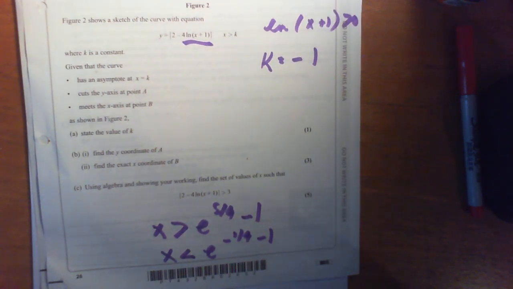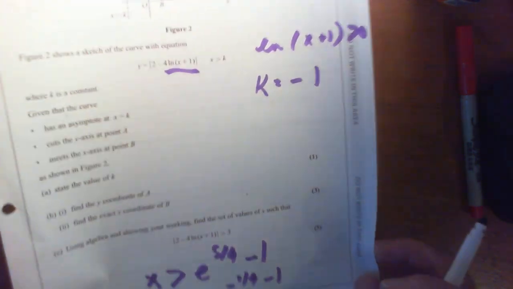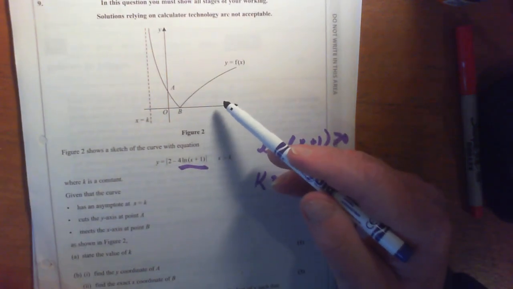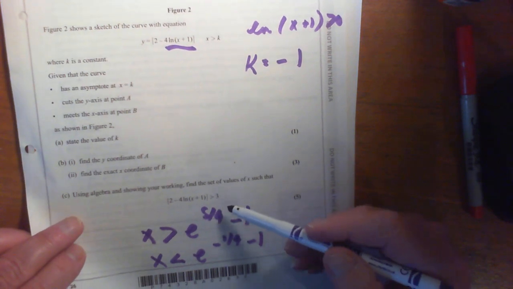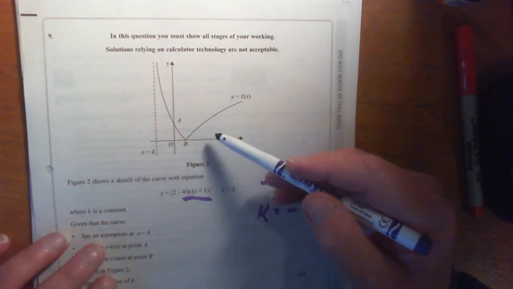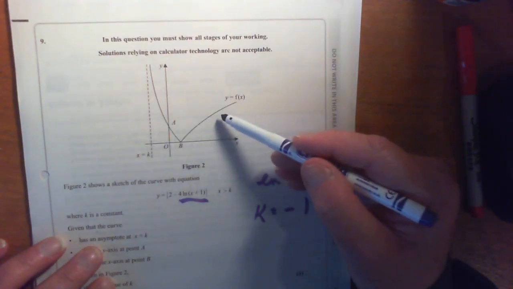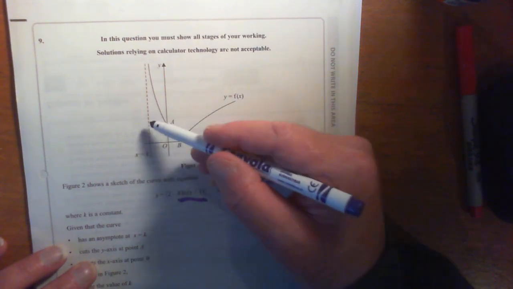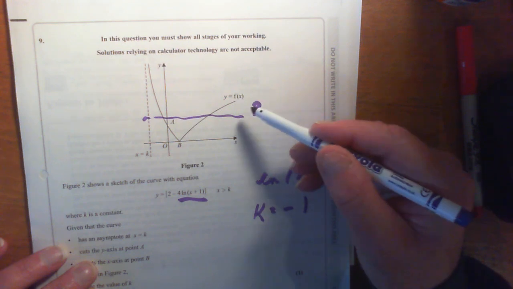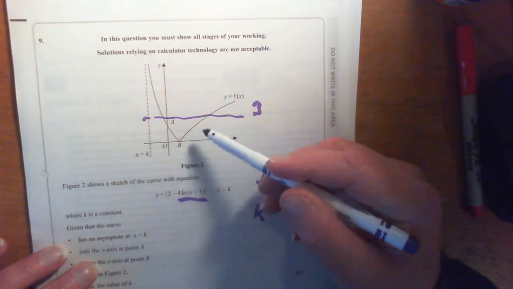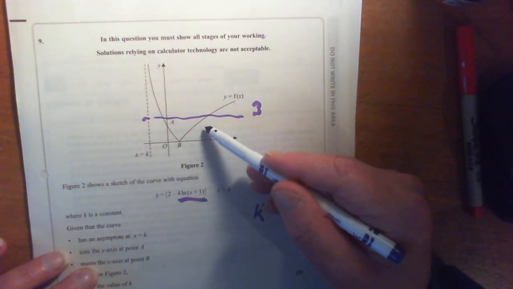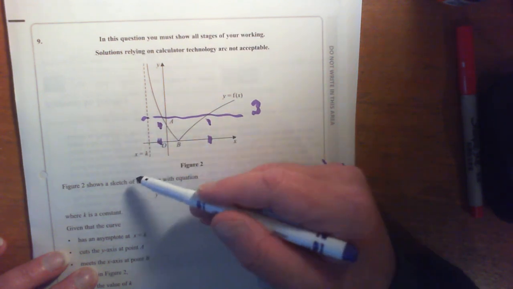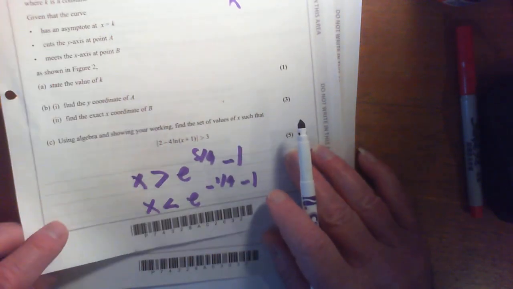Fiddling around with two separate operations will give you this expression here on the right-hand side, and you need to recognise that in order for that to be greater than 3, you're looking for this line where it's greater than 3, that's 3 there. Then you're looking for it up here. So the corresponding values of x will be greater than that and less than that, which I more or less put down.